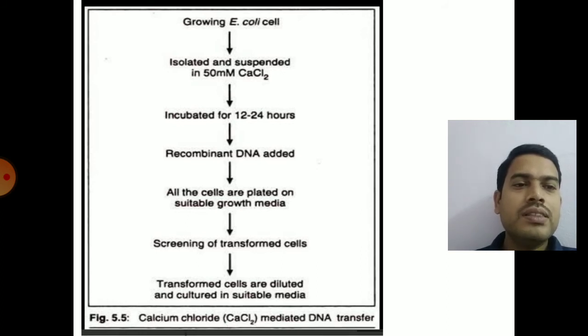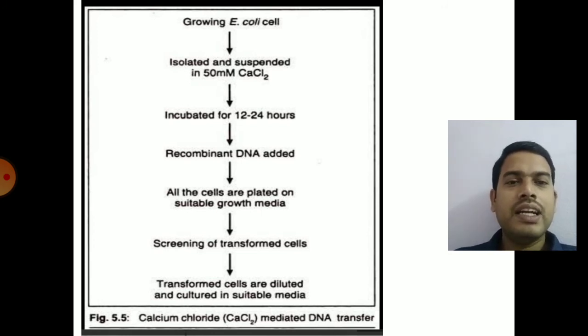Those bacterial cells which contain the transgene or foreign DNA only will survive on the antibiotic medium and are selected. This is how you transform your bacterial cells with your transgene with the help of calcium chloride.